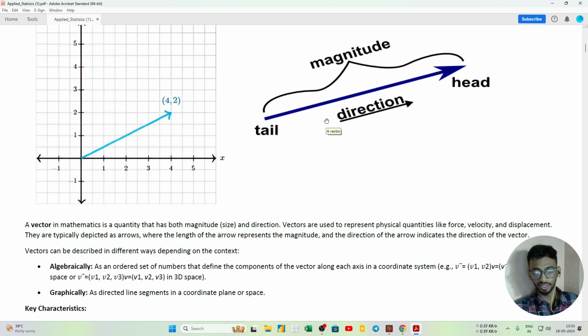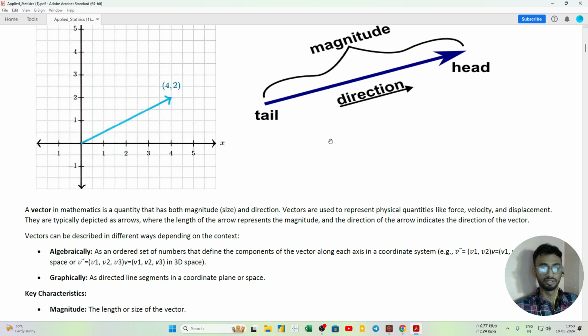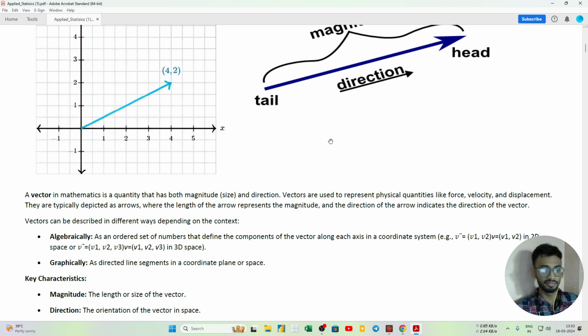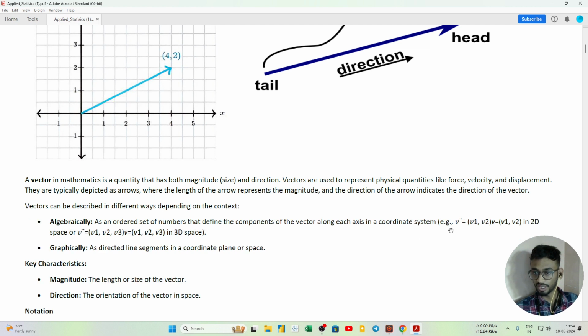They are typically drawn as arrows, where the length of the arrow represents the magnitude and the direction of the arrow indicates the direction of the vector. A vector can be described in different ways depending on the context. Algebraically, as an ordered set of numbers that define the components of the vector along each axis in a coordinate system.